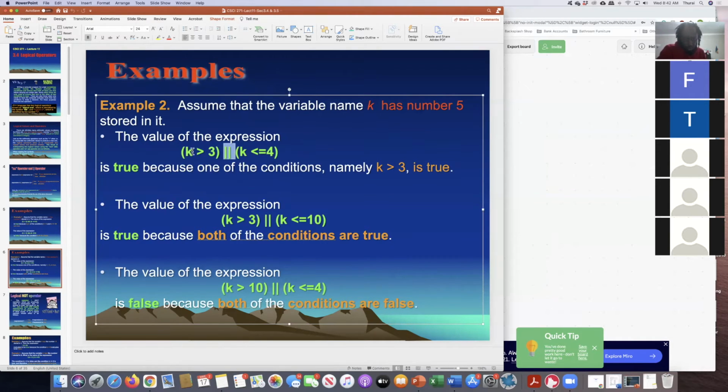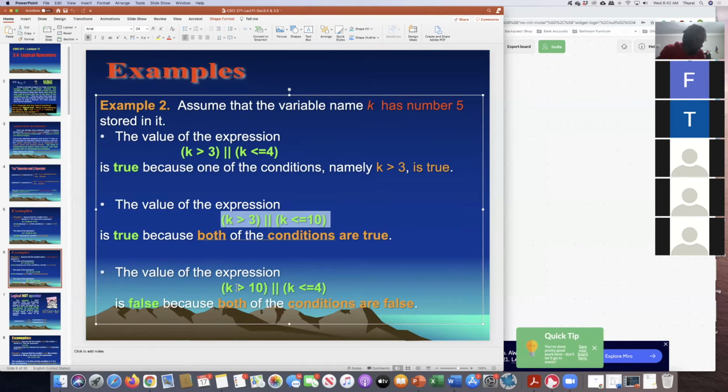So therefore, we only had to have one of them true, and k greater than 3 is true, so the result is true. Looking at the next one, k greater than 3 or k less than or equal to 10 is true because both are true. So or means one or the other or both have to be true, and they're both true in this case.